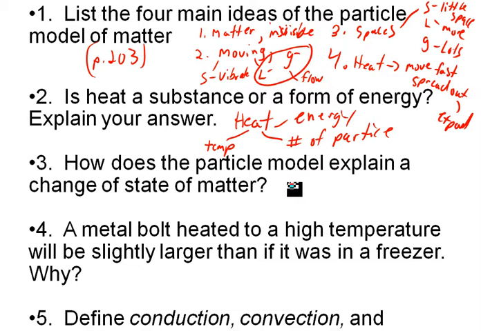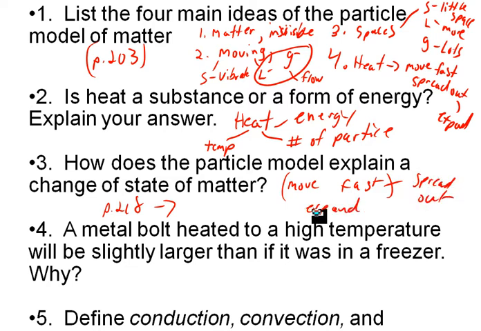As we heat particles, they move faster. And so on page 218, it gives a great description of this. If they move faster, that means they spread out. And when they spread out, they expand. And if they expand enough, they can change state.